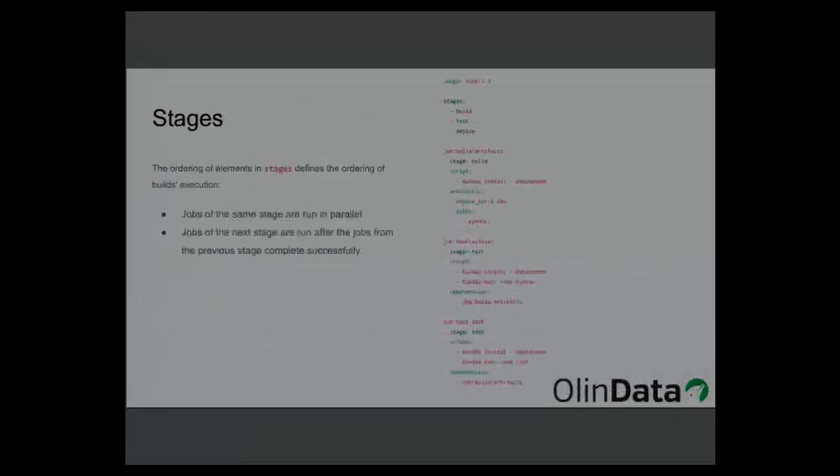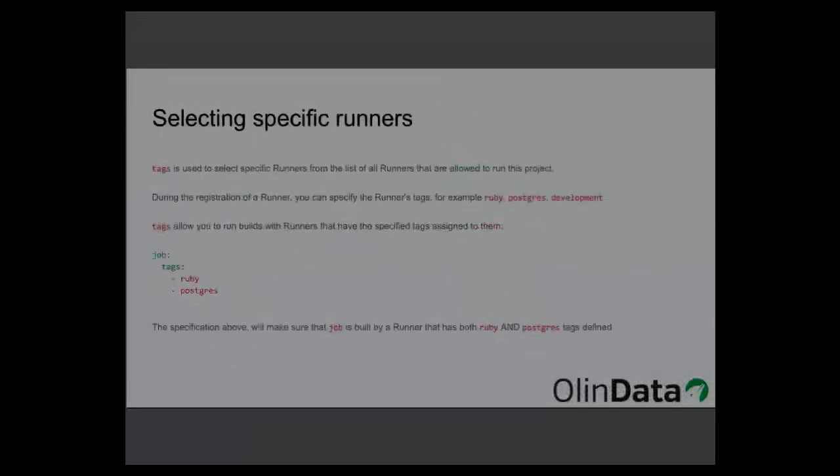Selecting specific runners. So you can use tags in a job to make sure that a job only runs on a specific runner.